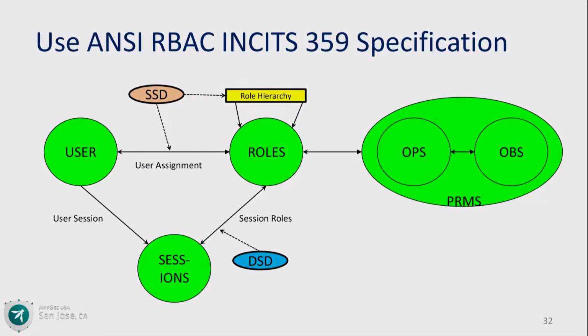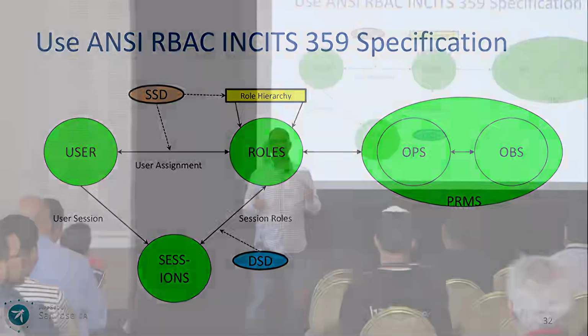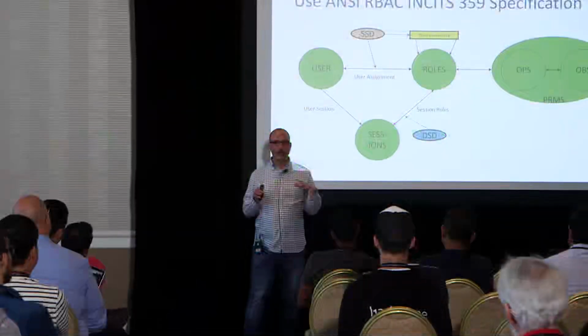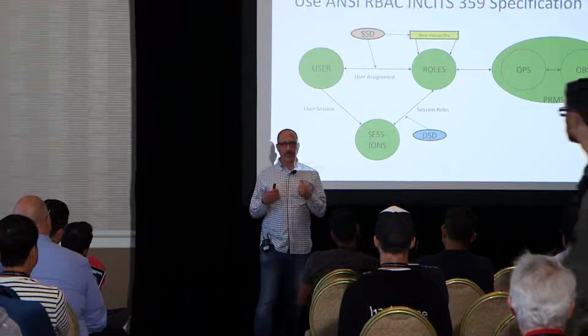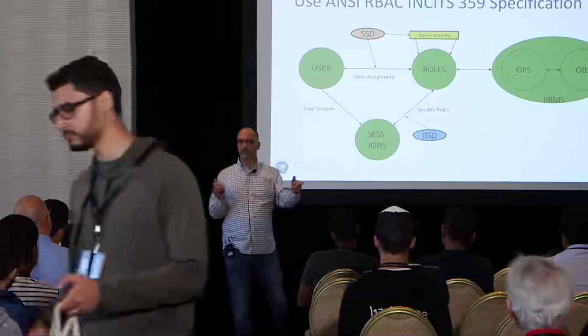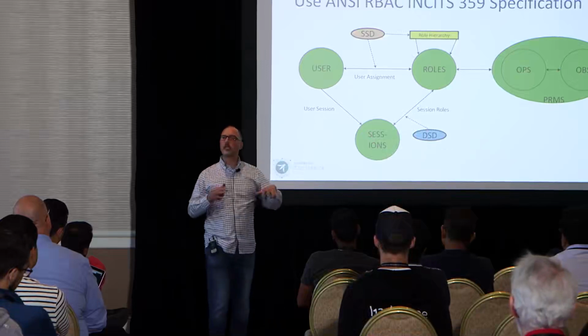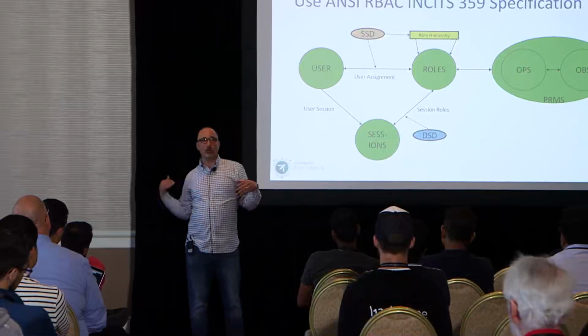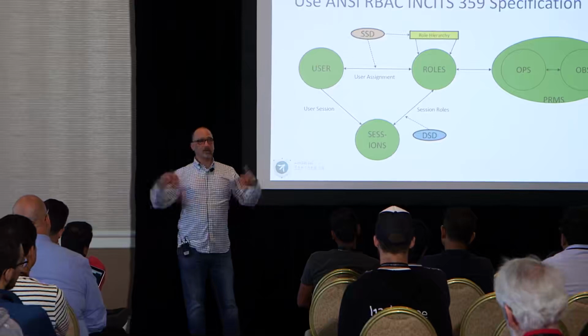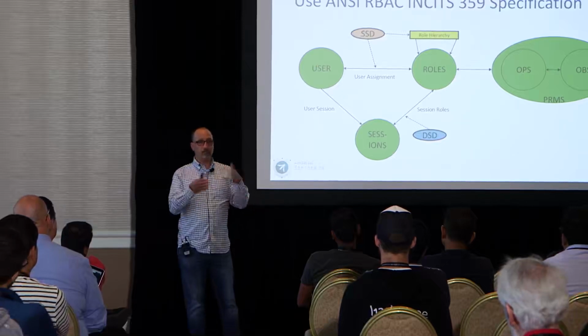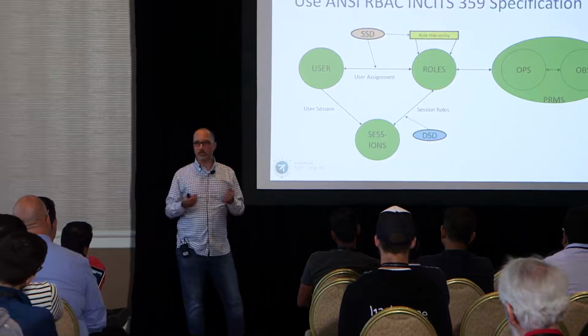And so static separation of duty is simple. It just means that statically in your model, a person cannot have this role and that role. That's all it is. So when you go and define your taxonomy, you can set up that so that no matter where you try to come in through the APIs and try to assign these two roles to the same person, you're not allowed to do so.